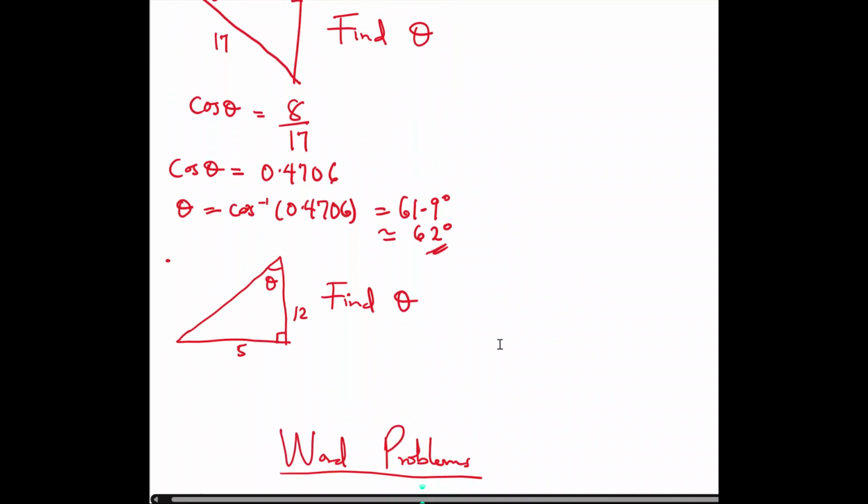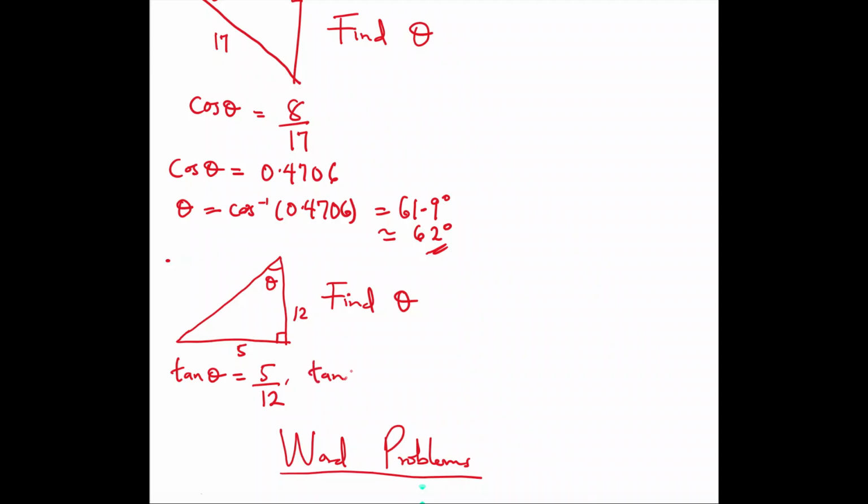So now in this case, we are given the opposite and the adjacent. So that's tan. Tan theta is the one that connects these two. So tan theta is equal to the opposite is 5 and the adjacent is 12. Okay. So 5 divided by 12 will give us 0.4167.